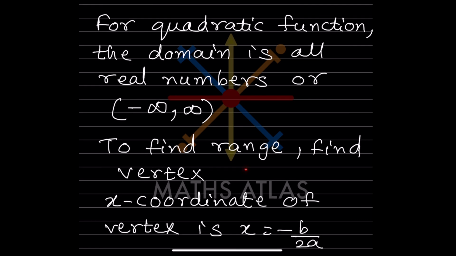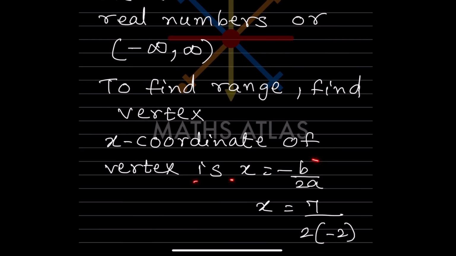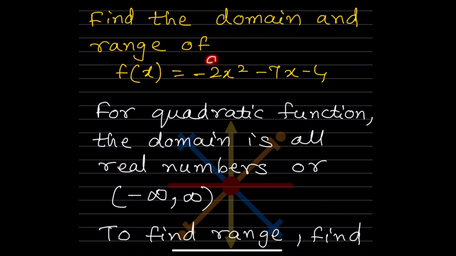And to find the range, we will find out the vertex. So the x coordinate of the vertex, this is the formula, x is equal to minus b by 2a. So what is given here? This is a, this is b, and this is c. So a is minus 2, b is minus 7, and c is minus 4.